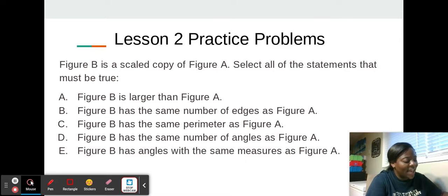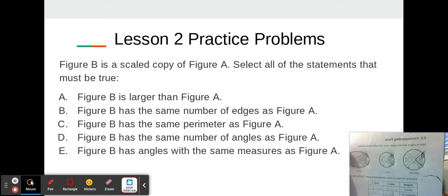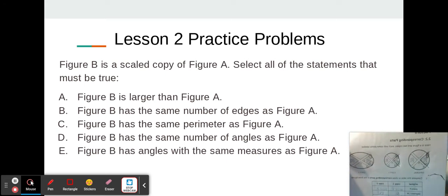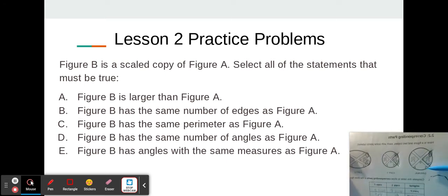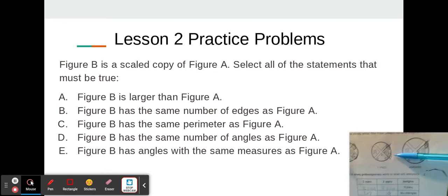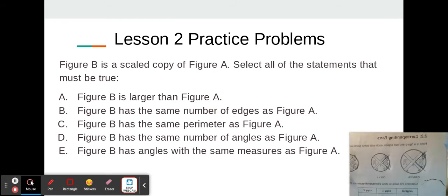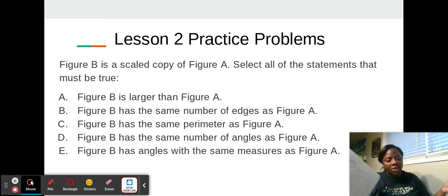D, figure B has the same number of angles as figure A. Well, we can go back over here and look at this. This was the original. This was our scale copy. It definitely had the same number of angles, and it had to in order to be a copy.